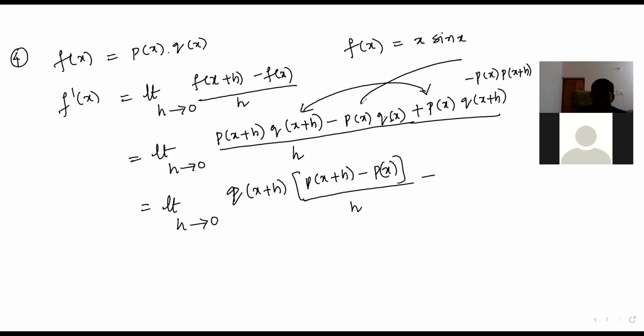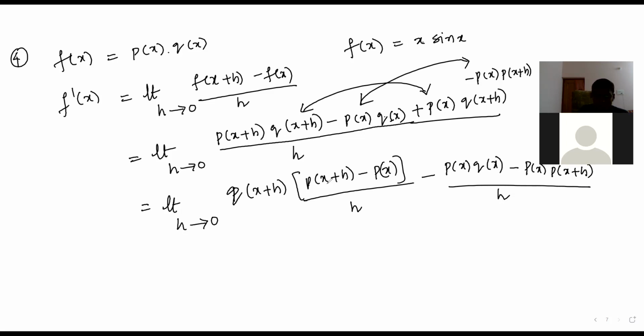What is that? These two terms are there. Yes or no? This added. From these two, what comes common automatically is here minus p of x into q of x, and then minus p of x into q of x plus h is there, by h, automatically that is there.